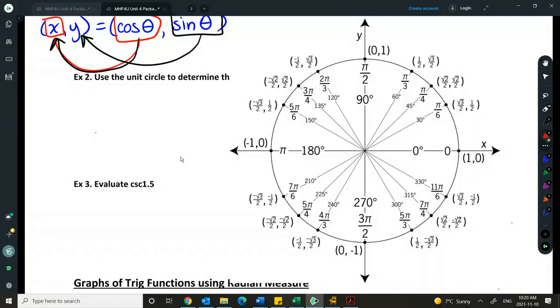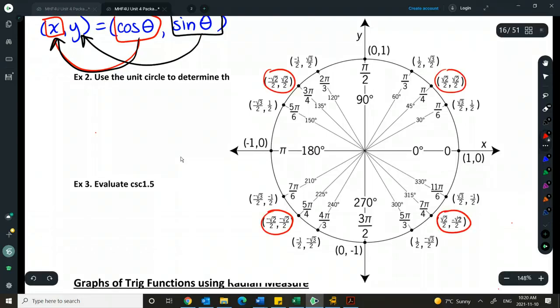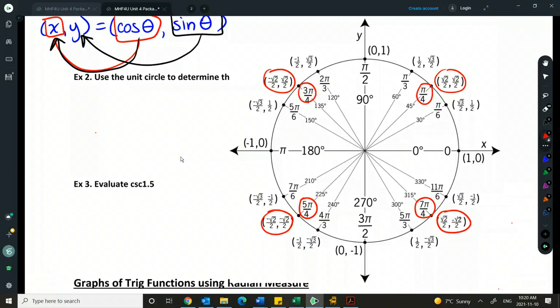Where are the points around the unit circle that have the same x and y coordinates? Where do those happen? Athena? They happen here, here, here, and here. Right? All of them are √2/2, maybe positive and negative versions of those, but they happen at all the pi over 4 values. And that's what we're going to use to help us with our graph of tan.